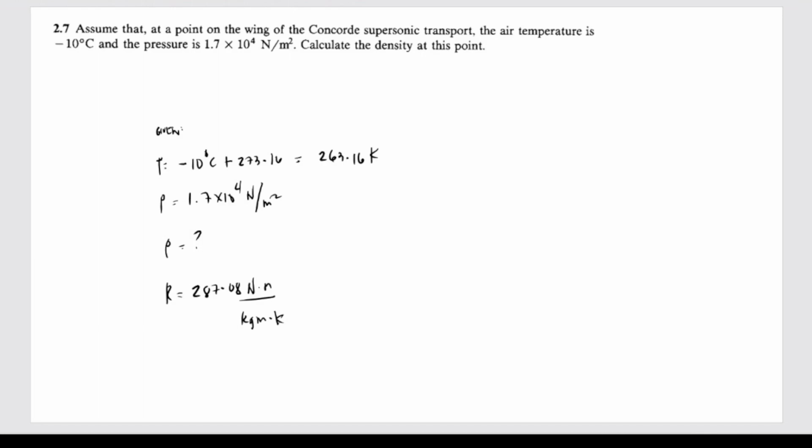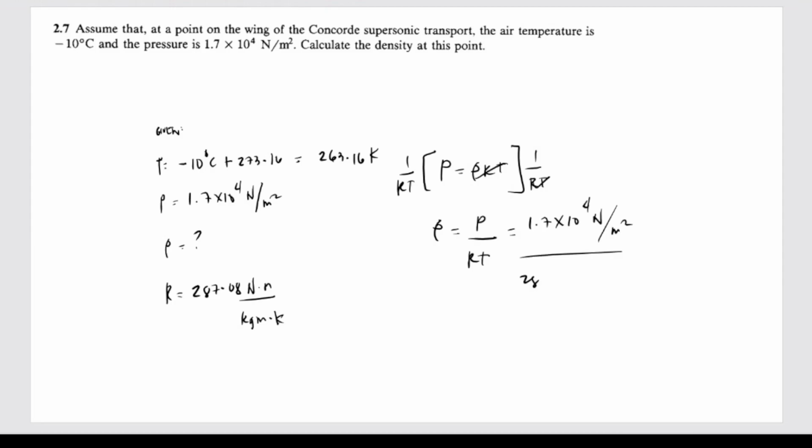So, density ang hinahanap. We know we can use equation of state. So, multiplying both sides by 1 over RT, density is equal to pressure over RT. And pressure 1.7 times 10 raised to 4 Newton per meter squared over 287.08 Newton meter per kilogram mass Kelvin times 263.16 Kelvin.